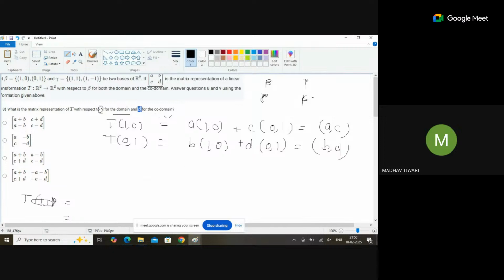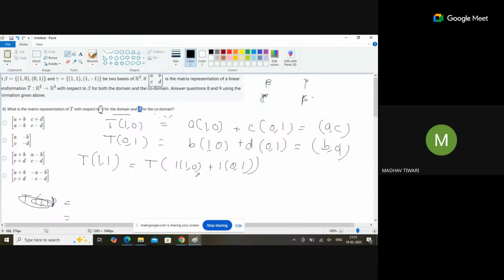Okay, so now I have to find the transformation matrix with respect to gamma as domain and beta as codomain. For 1 comma 1, it is the transformation of 1 times 1 comma 0 plus 1 times 0 comma 1, right?